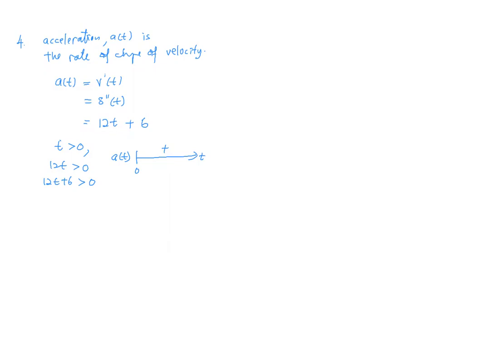Now I want you to spend some time to do part 1 of question 1. Everyone, you should have this in your graphic calculator already as your Y1. They say part 1, find the velocity and acceleration function for the object and draw a sign diagram for V(t) and A(t).